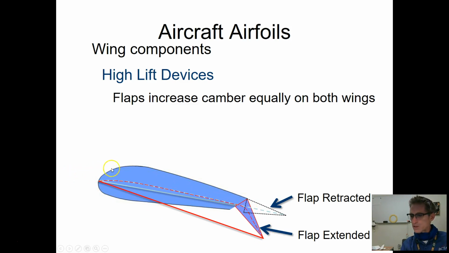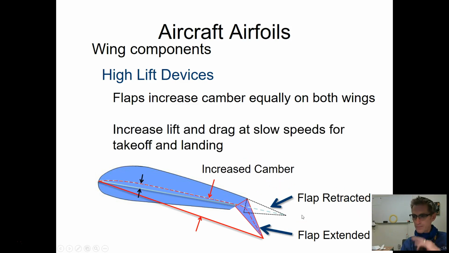So the air now has to travel over this and then down this way, whereas before it was going up there. That extra curved part is what helps create the extra lift. So there's an increased camber on top. That increased camber gives us extra lift, and it's most noticeable at low speeds.